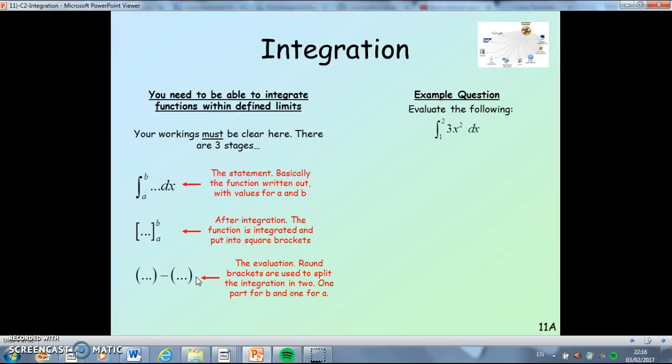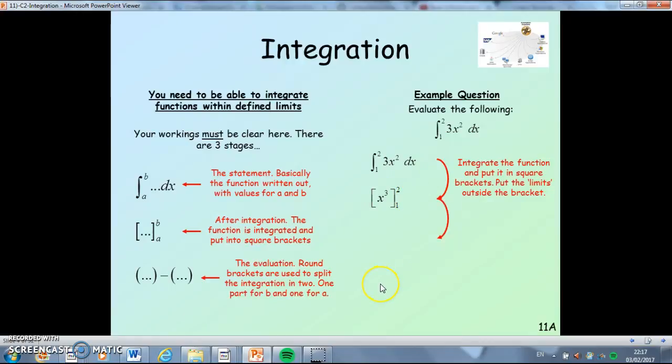So let's go through this example. First of all, we've got the integration sign, and we've got 2 and 1, 3x squared. So we know that we're going to have to add 1 to the indice, which is going to be 2 plus 1 equals 3. And then we're going to divide it by 3, so 3x to the power of 3 divided by 3 is going to equal x to the power of 3.